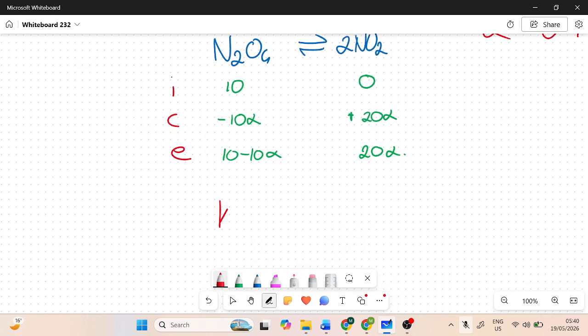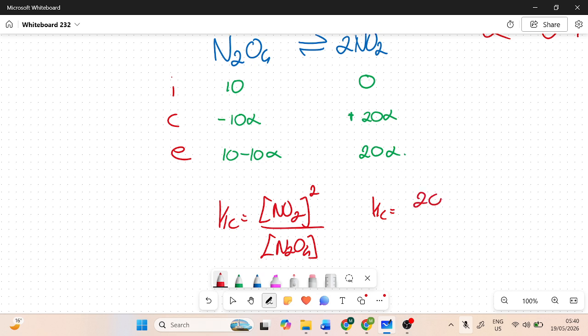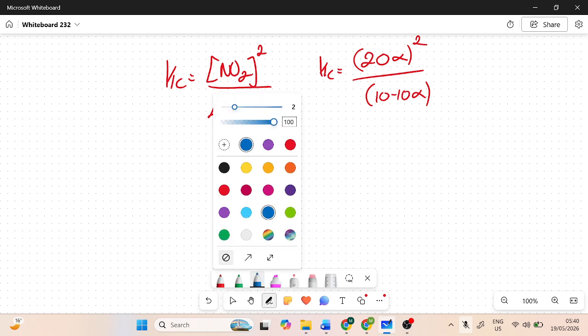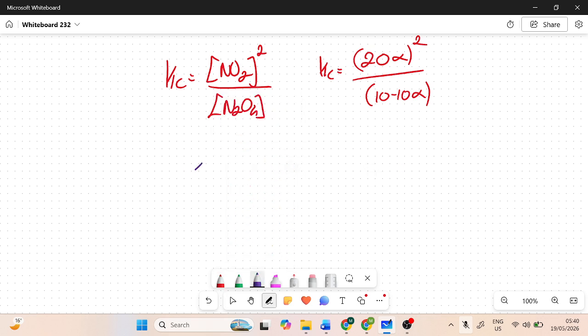So for this, we see that Kc equals concentration NO2 squared over concentration N2O4, or Kc equals 20 alpha squared over 10 minus 10 alpha. At this point, you can simply say alpha equals 0.1.